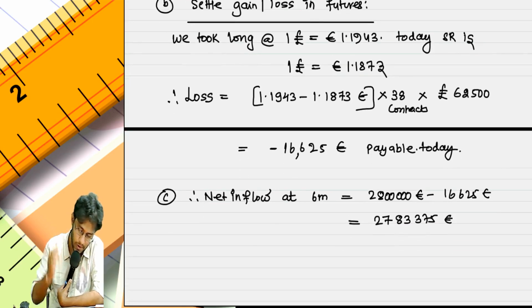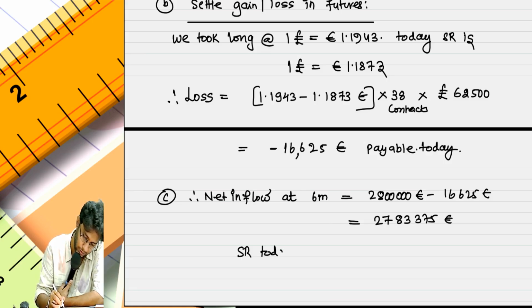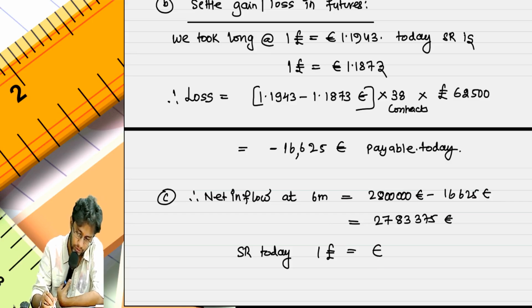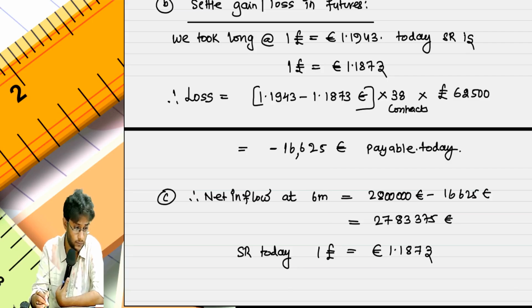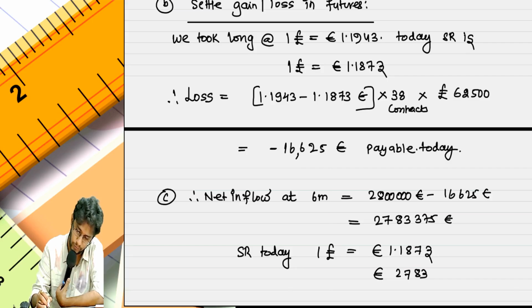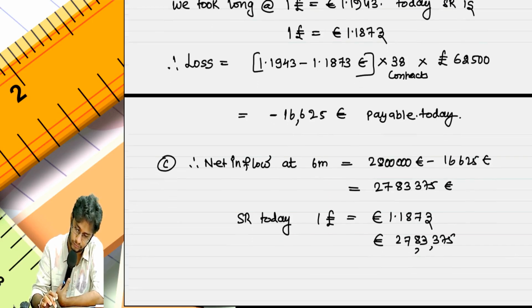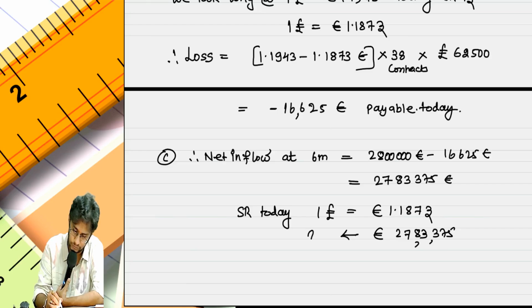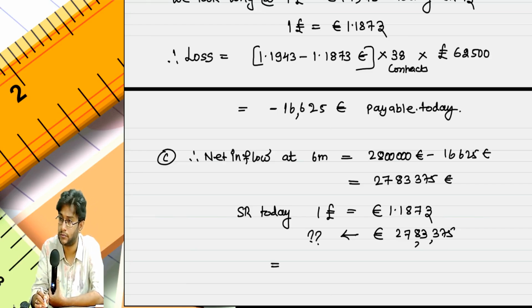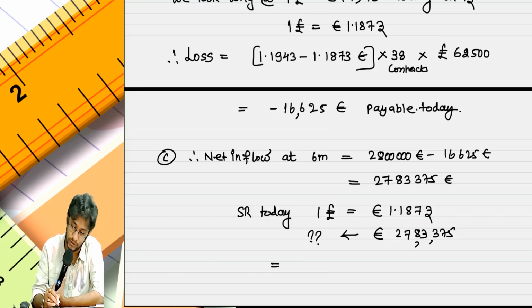Yes. Spot rate today, 1 pound is equal to euro 1.1873. Once again.